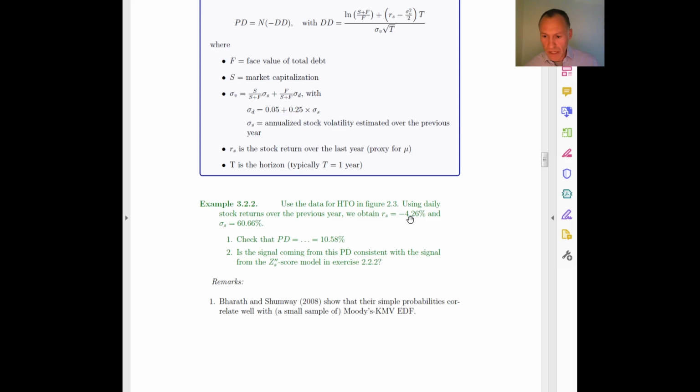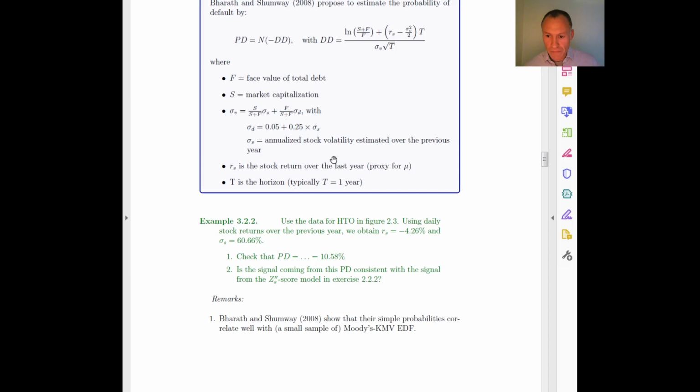Okay, so for example, if you go back to this example that we had used before, you have here some numbers that I estimated at the same time as the previous figure. So you have the return on the stock and the volatility of the stock. So using the information that we had before plus this, plugging in here, you can compute a probability of default using these formulas here that amounts to 10.58%. Okay, so the question is whether this probability of default makes sense.